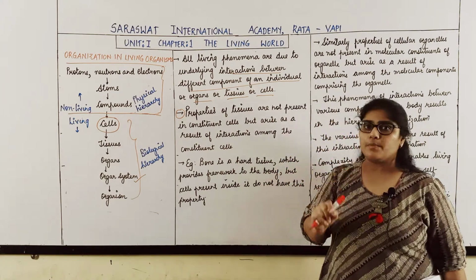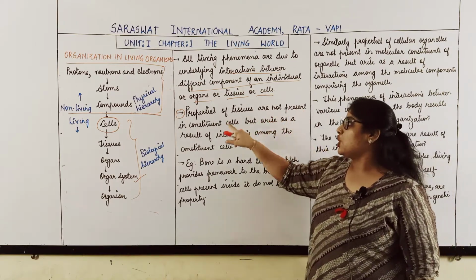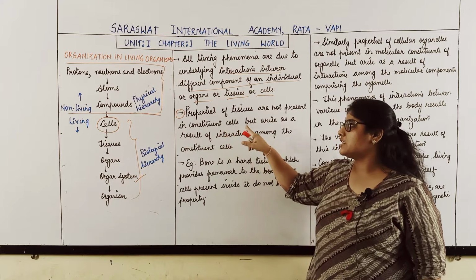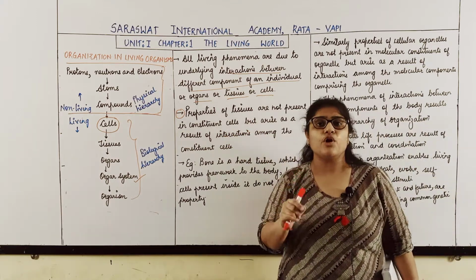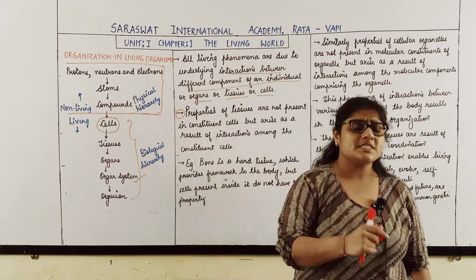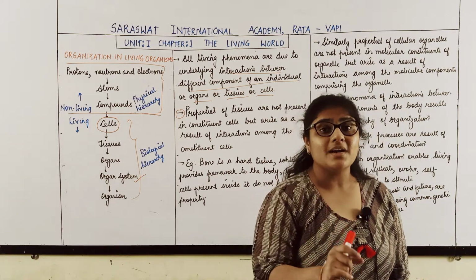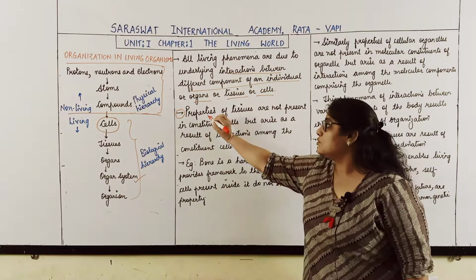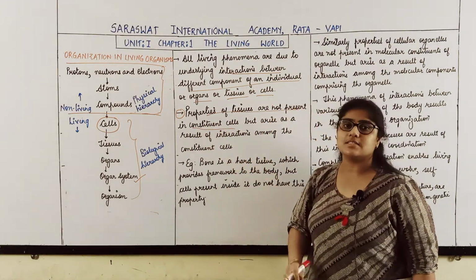The properties of tissues are not present in constituent cells. What is a tissue? It is a group of cells performing similar functions. That group of cells is called a tissue.